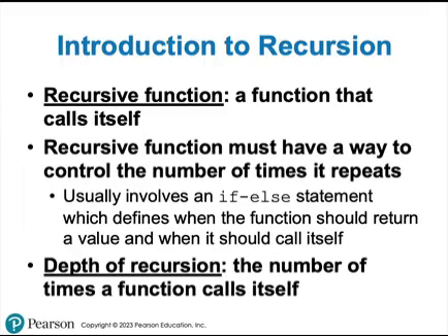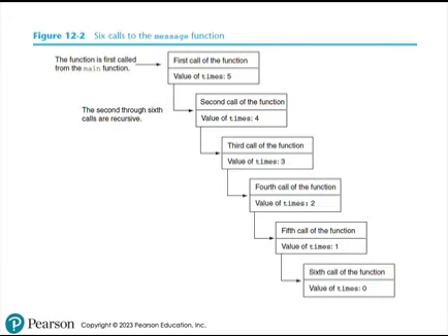never going to end. Another thing we talk about is the depth of recursion, which is how many times a function is going to call itself. So here we have a picture. We're in our main program and it calls the function, and it looks like it is going to go through until the value of times is 0.